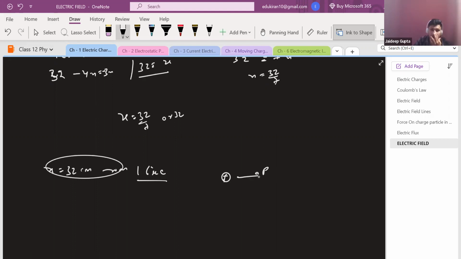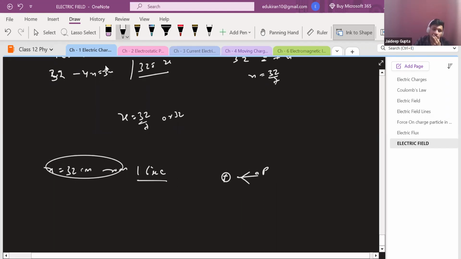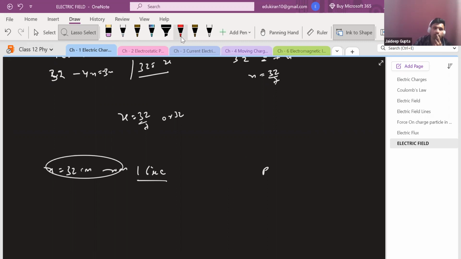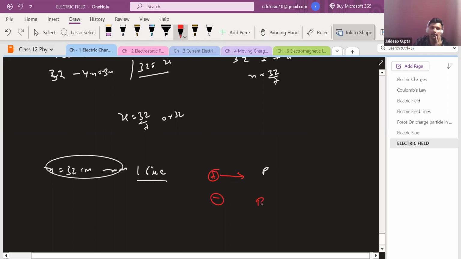Away from the charge. If it is a positive charge, then away from the charge; if it is negative, then towards the charge. Okay, Iram, stay for the assignment.